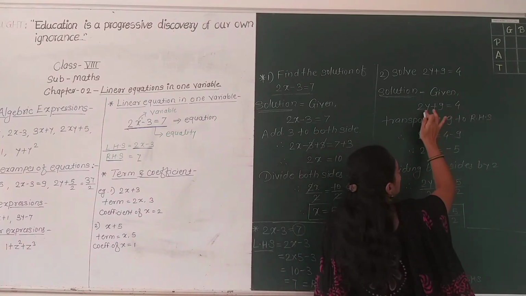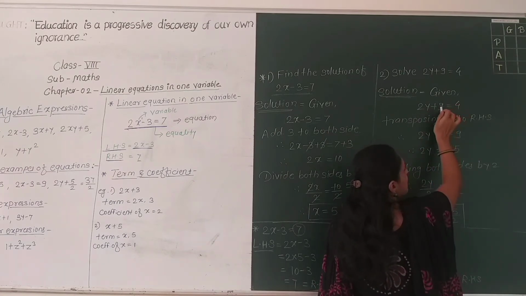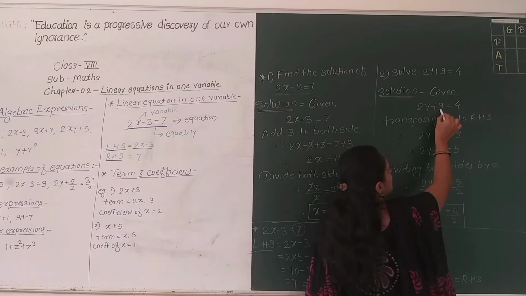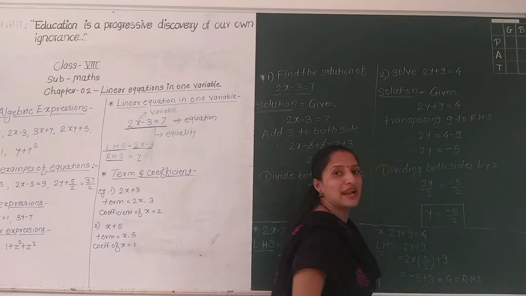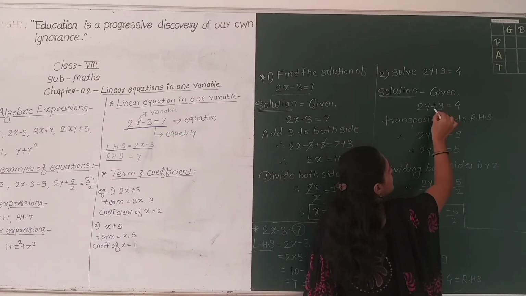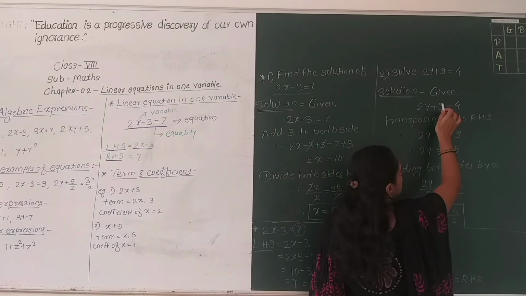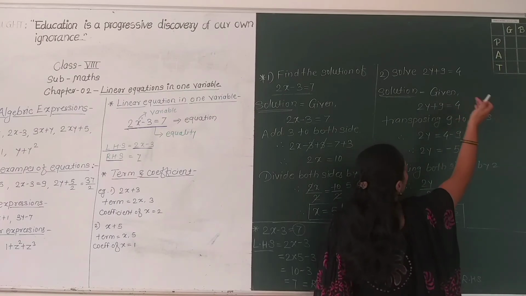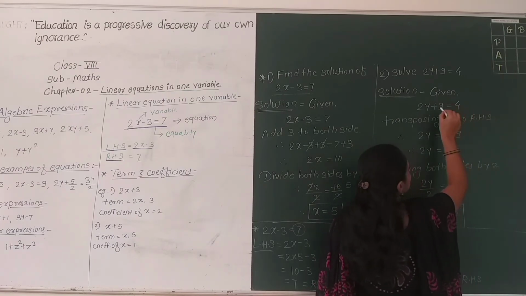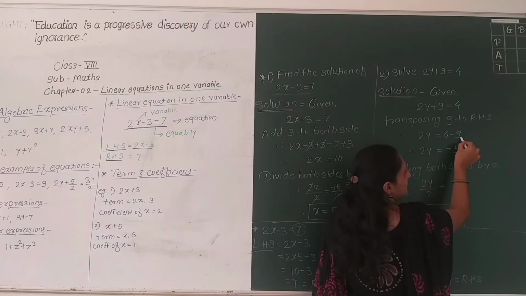Its sign becomes changed. Here 9 is positive, so if I move the 9 to the right hand side, its sign changes. So 9 becomes negative here.